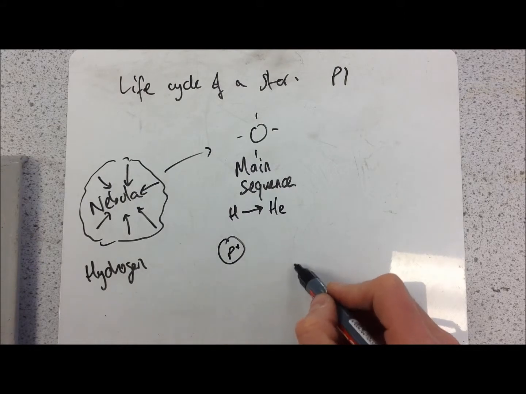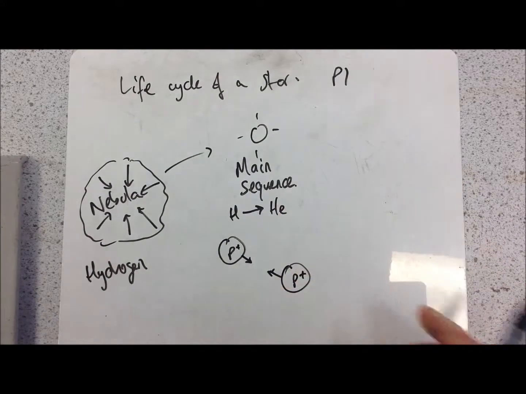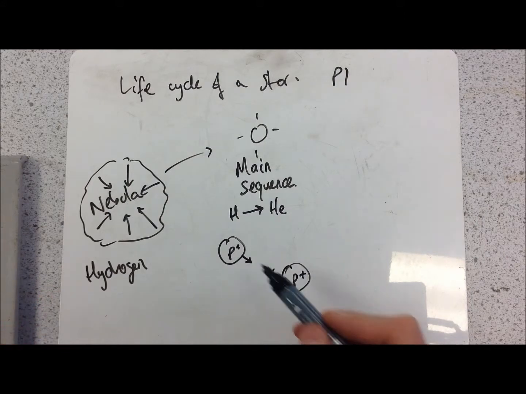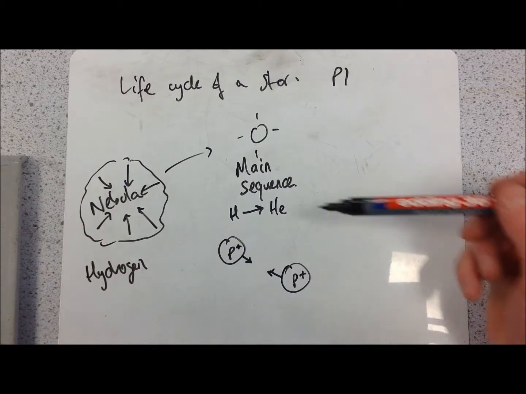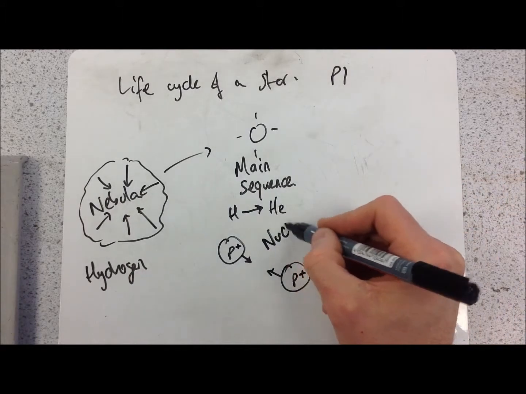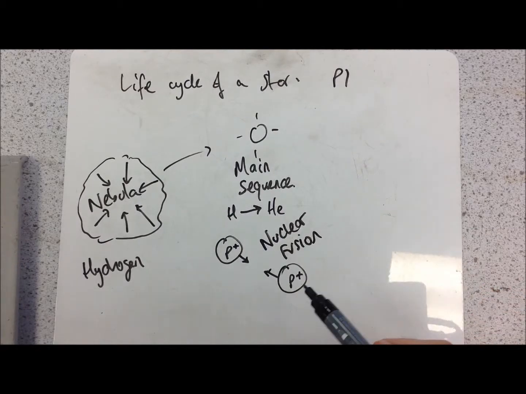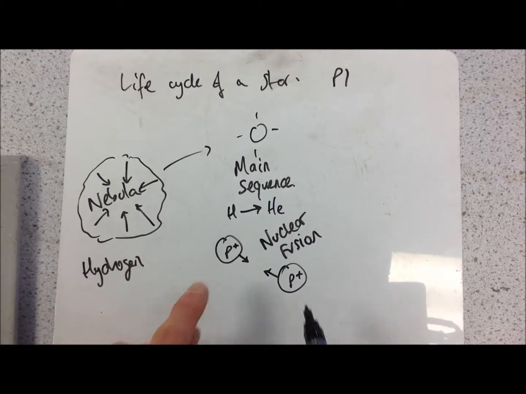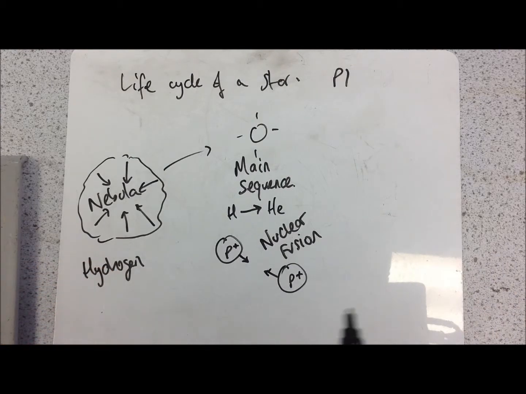Getting two protons close enough to fuse won't happen at low temperatures, because they won't be moving fast enough. Nuclear fusion only happens when the protons move fast enough to overcome that electrostatic repulsion.